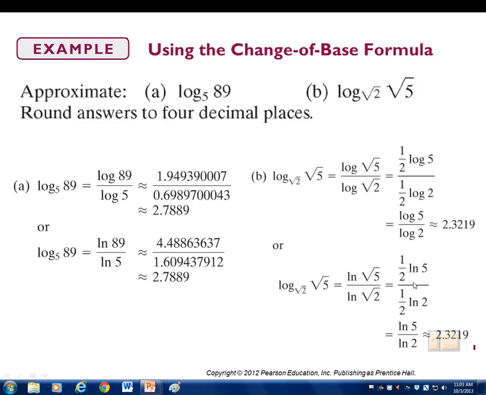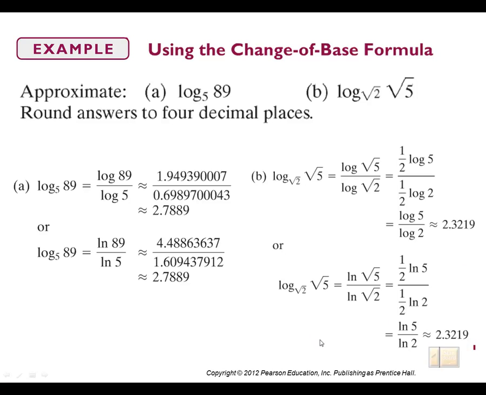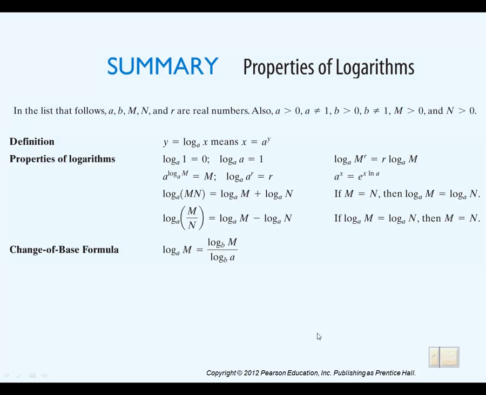Whether it's log or natural log, you can change log square root of 5 over square root of 2, and you can use natural log instead of just log, and you get the same answer: 2.3219, 2.3219. And that's our summary, our properties of logarithms.